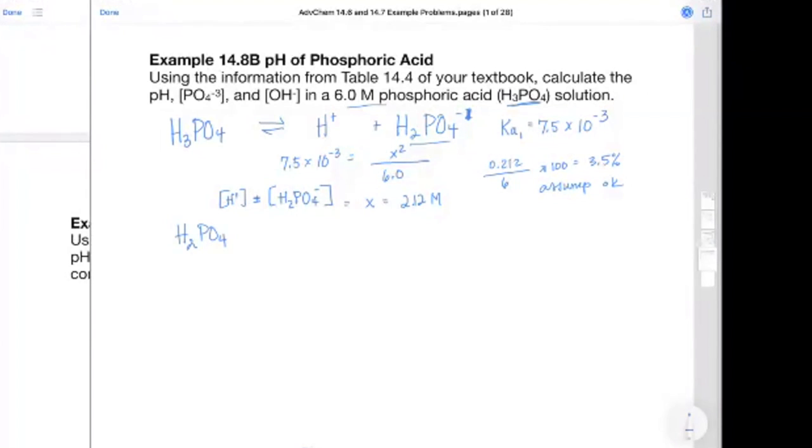We can go to the next. So we're going to take the product H2PO4, which we now know, and we can break that down further into hydrogen plus now the hydrogen phosphate ion. The Ka value for this, according to your textbook, is 6.2 times 10 to the negative 8.